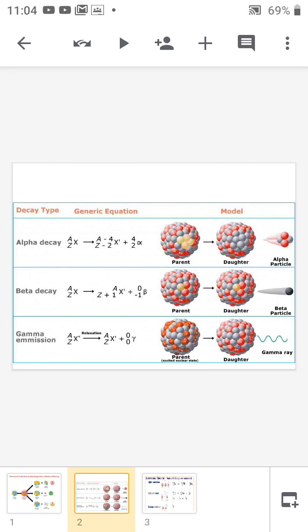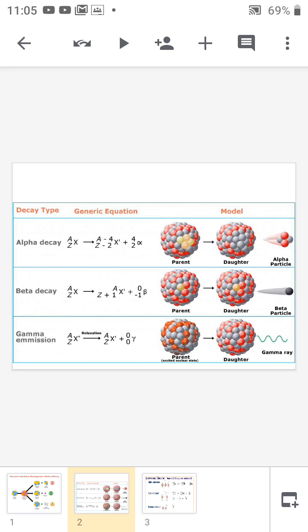See here, the parent nucleus is represented by X, having atomic number Z and mass number A. While emitting the alpha particle, the atomic number is reduced by 2, represented by Z minus 2, and the mass number is reduced by 4, A minus 4, and the daughter nucleus is represented by X dash.